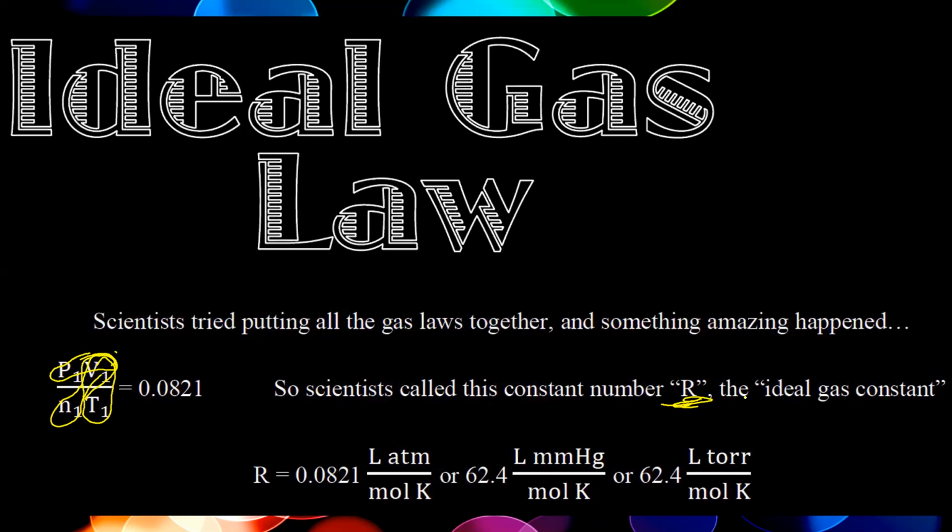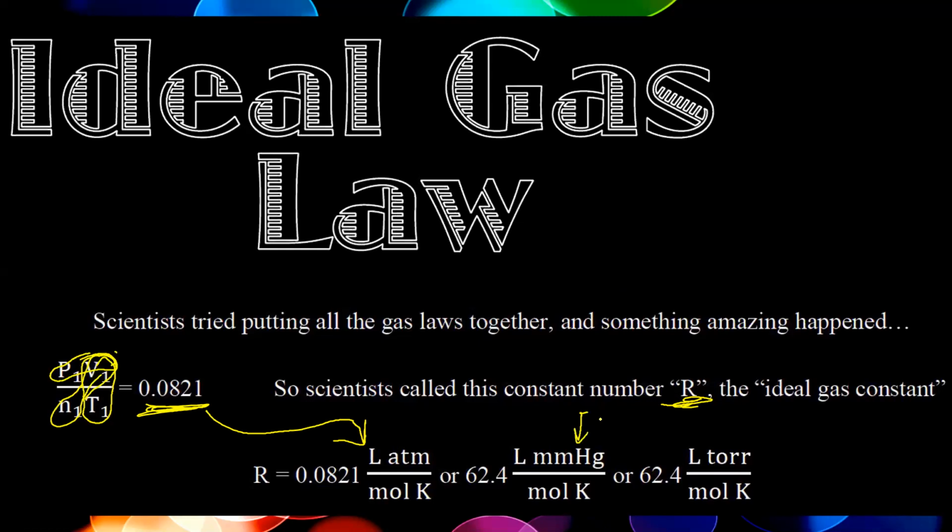Now, what I said about it always making this number is true if I measure the volume in liters and the pressure in atmospheres and the moles in moles and the temperature in kelvins. But we don't always have to use those measurements. What if instead I measured in millimeters of mercury?